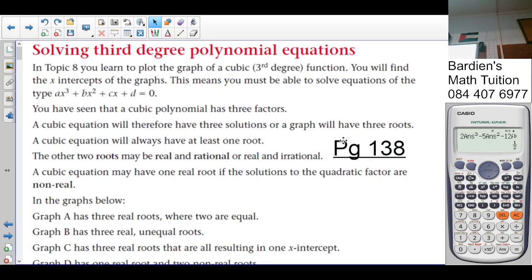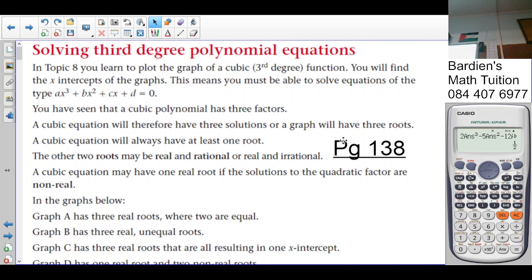Not so. Right, you will have seen that the cubic polynomial has 3 factors. A cubic equation will therefore have 3 solutions on the graph and will have 3 roots. It could have a maximum of 3 roots. No? Later on you'll see that sometimes it only has 2 roots or 1 root. Okay.